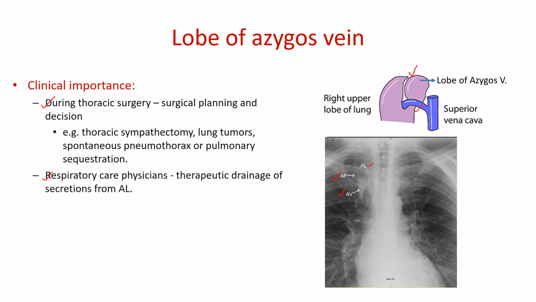And what is the clinical importance of lobe of azygos vein? During thoracic surgery, for surgical planning and decisions, for example, in thoracic sympathectomy, lung tumors, spontaneous pneumothorax, or pulmonary sequestration, identification of the lobe of azygos vein is important.